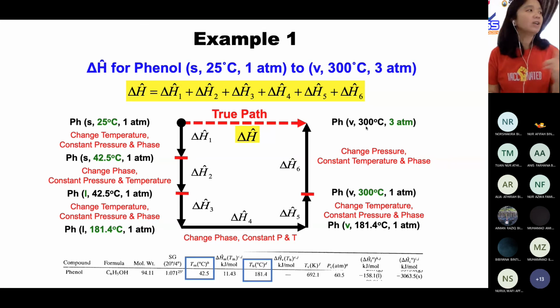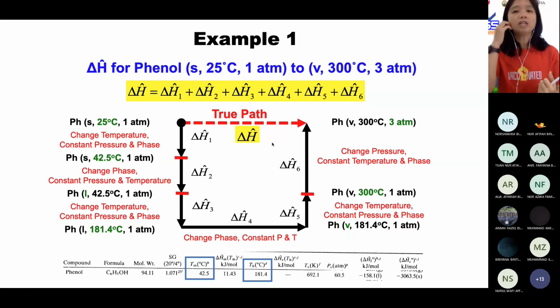Okay. Bila kamu tengok dalam path ni, dia ada 3 benda yang berubah kan. The phase berubah, fasa dia berubah, temperature pun berubah, pressure pun berubah. So bila ada 3 perubahan, kita dah tak boleh kira direct enthalpy dia. Means katakan enthalpy tu delta H, kita dah tak boleh kira direct perubahan enthalpy tu sebab ada 3 benda yang berubah dalam sistem tu. Meaning pressure, temperature and phase.